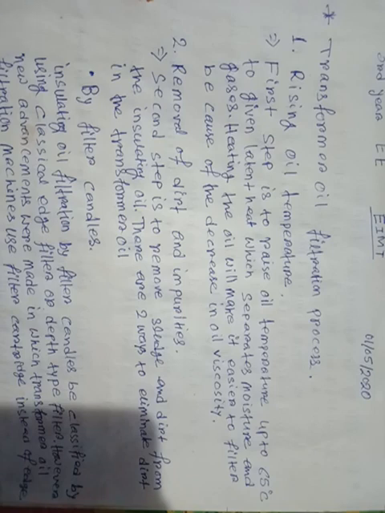I told you what sludge is in the previous class, and dirt is a type of very small particle. These particles will be removed in this step from the insulating oil.